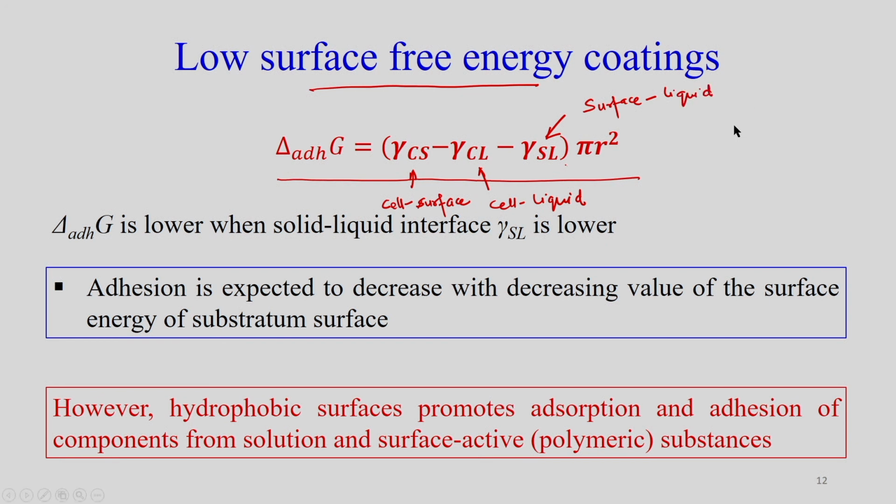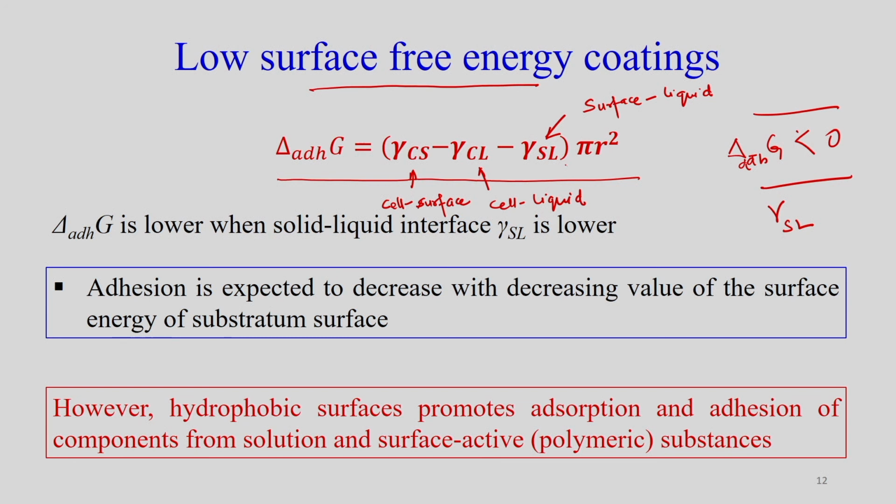So, for favorable adhesion, delta G adhesion should be less than 0. As we discussed, it can be tuned by gamma SL. If the gamma SL value is higher, it means we are going to get the negative value of this, and it will facilitate adhesion.